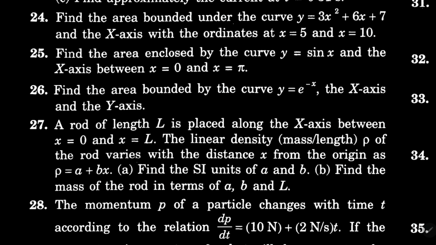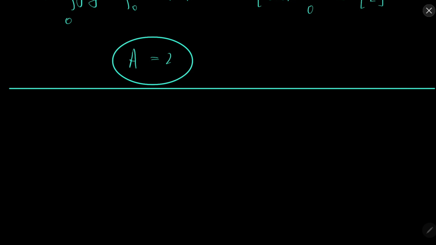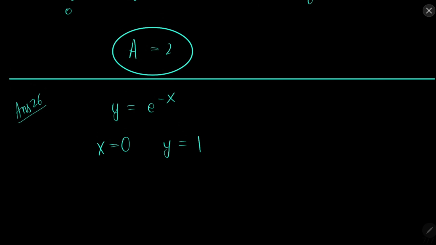In question 26, curve is y equal to e to the power minus x. So in this question, the curve is bound between the x and y axis. First of all, y is given. Now let's say when x is 0, y will become e to the power minus 0, that is 1.